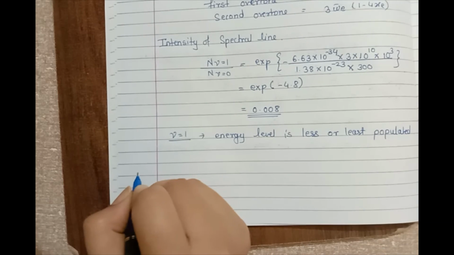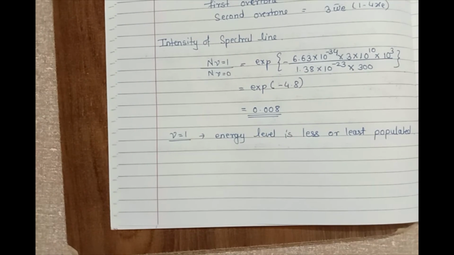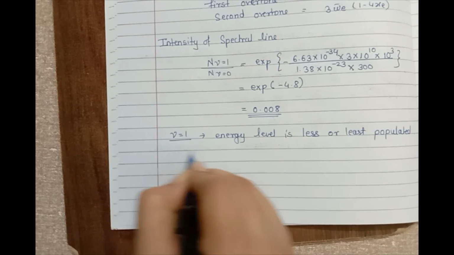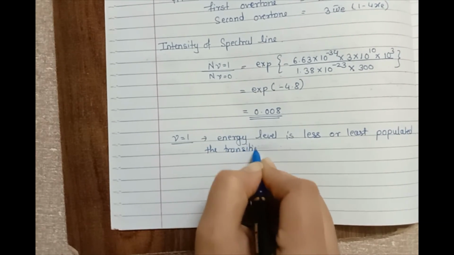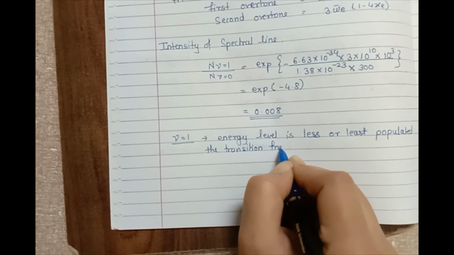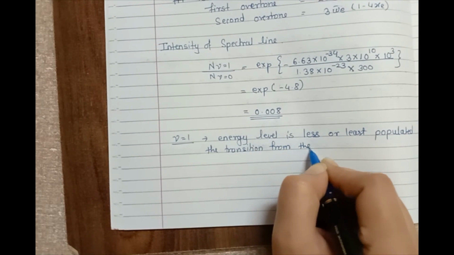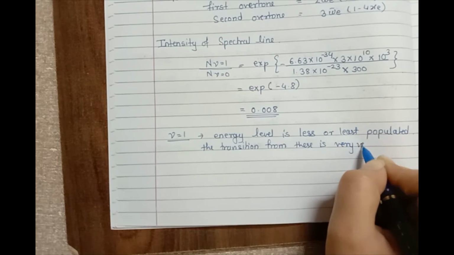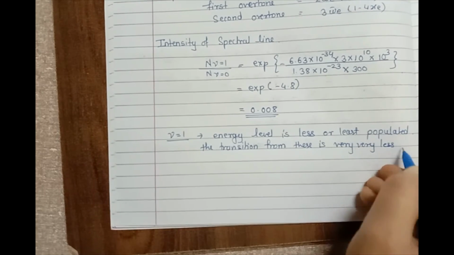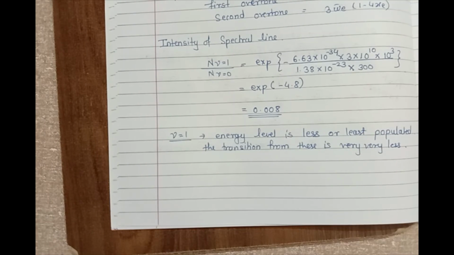So as it is the least populated energy level, the transition from this level is very, very less. As there is no molecule present in this energy level, how will it get transferred from that to another level?